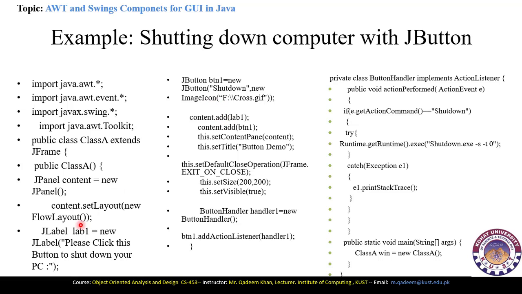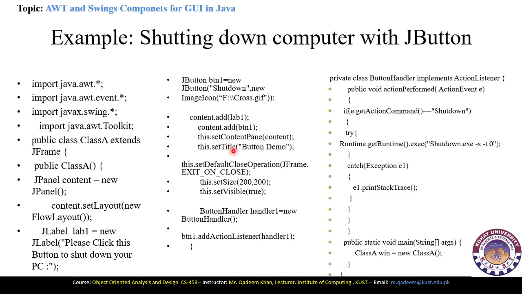Now we have added first this label inside of the content, which is the JPanel, and also we have added this button, button 1, inside of the content, and we have also added the panel inside of the content pane. So the content pane is the main window, which contains the panel here. Next, we have defined the title of the window.